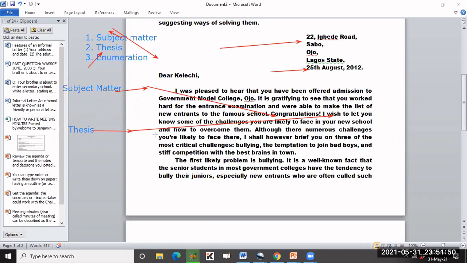The examiner asked you to share, to discuss the challenges your brother is likely to face, and how to overcome them. This is exactly what you have stated here. That is your thesis, the central message, the central argument, the major thing you want to talk about. So let's now look at the next thing we are going to discuss, which is the enumeration.